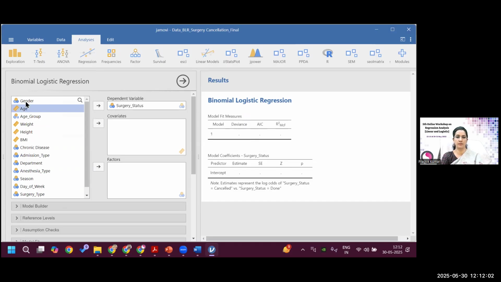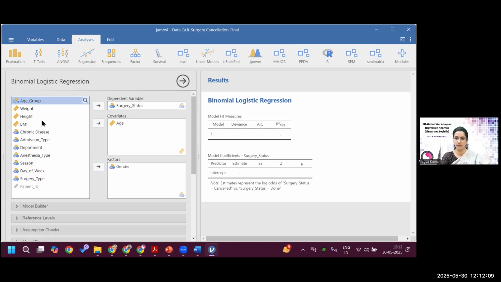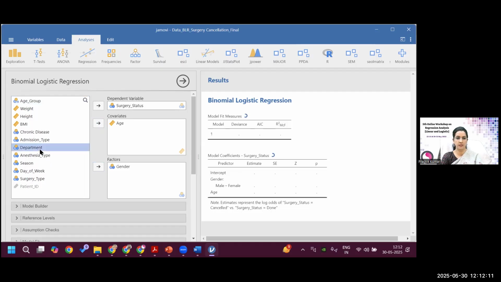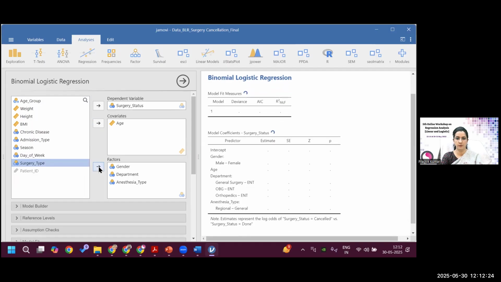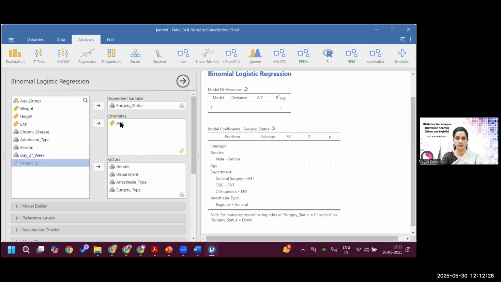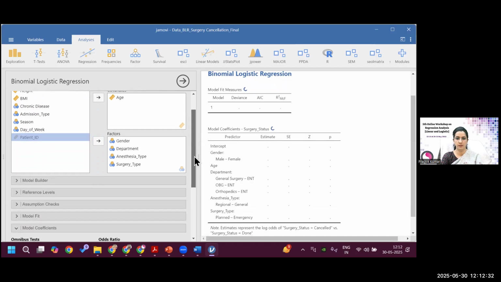So I'll move gender here as a factor, age as a covariate, department as a factor, anesthesia type as a factor, and surgery type as a factor. So 1 continuous variable and 4 categorical variables. And then I'll see the other options.